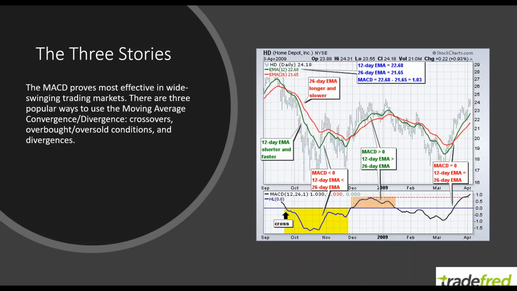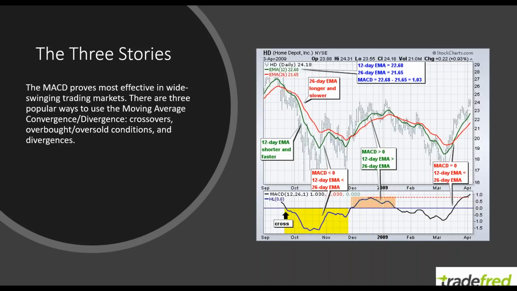Now, we have three different stories when we're looking at these lines on the bottom of our chart, the MACD indicator down below. The MACD proves most effective in wide swinging trading markets. There are three popular ways to use the moving average convergence divergence. One is crossovers.